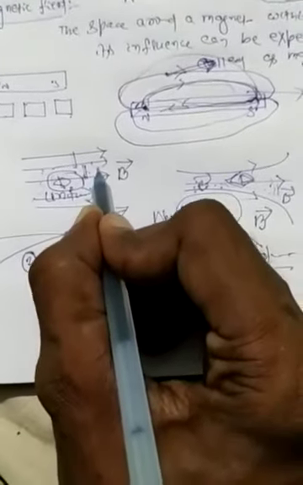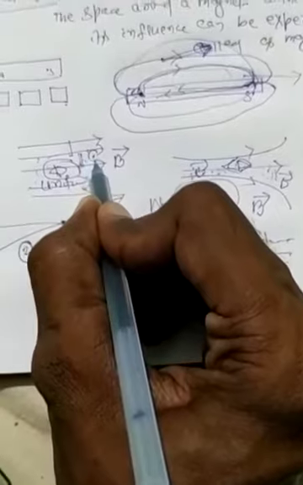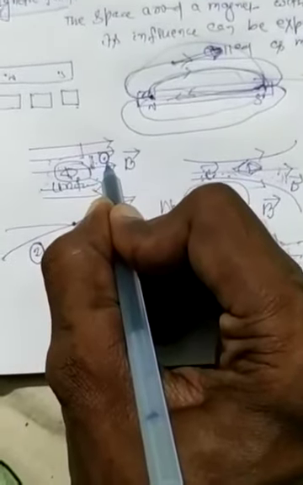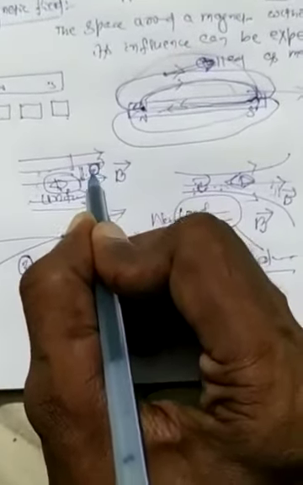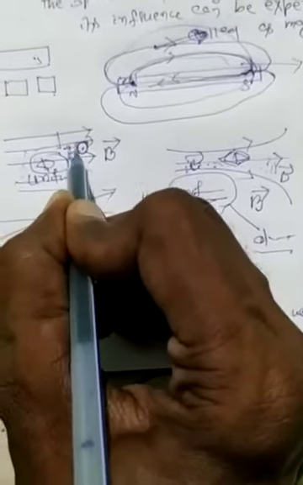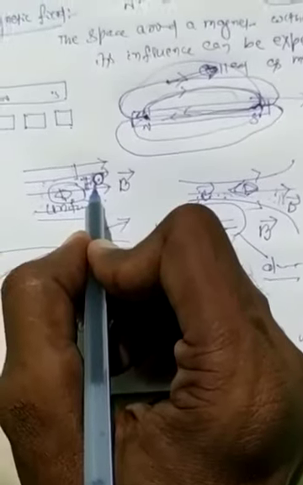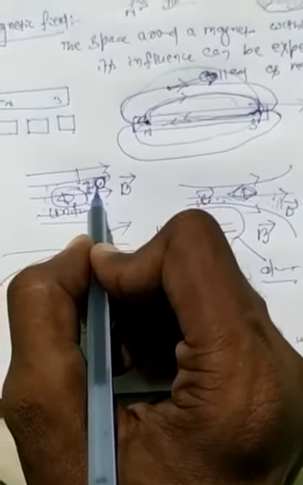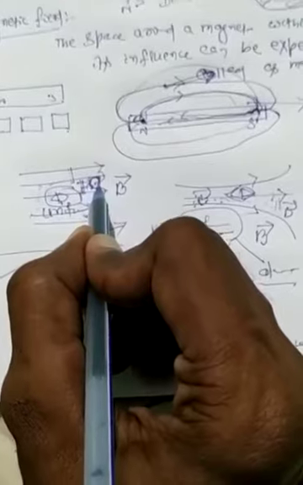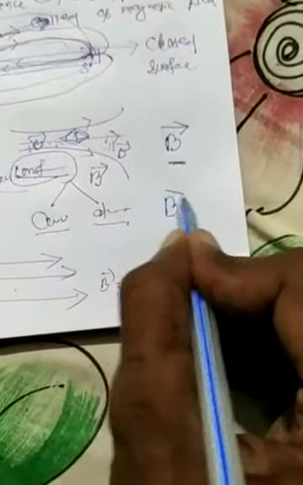Take a point and choose a small area there, such that the magnetic lines of force are always normal to it, and whose direction is along the tangent drawn at that point on the magnetic field lines. This magnetic field strength B is also called magnetic flux density.